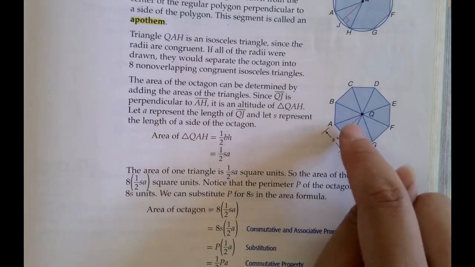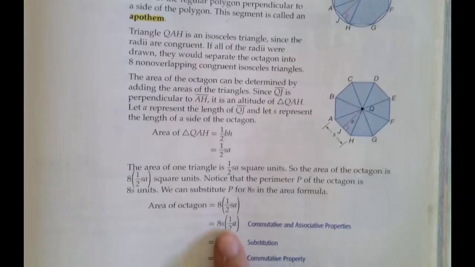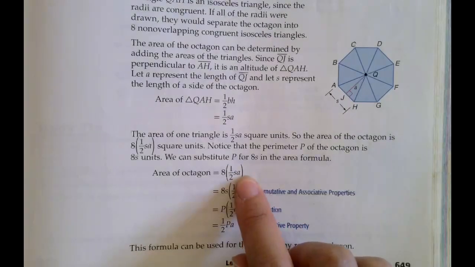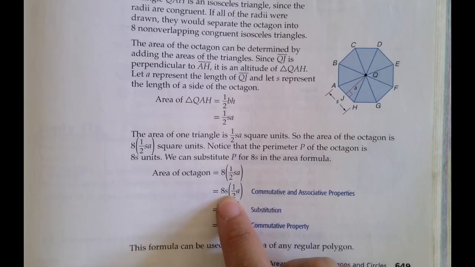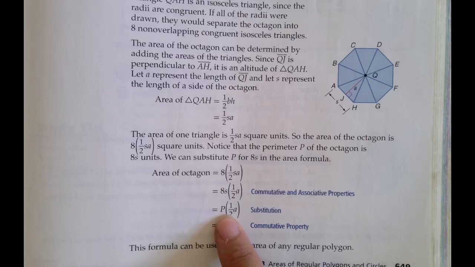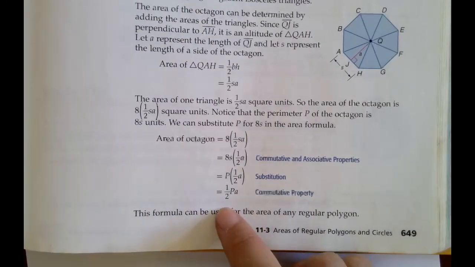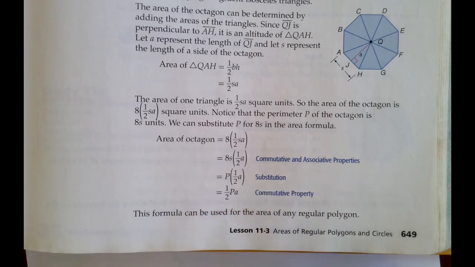Since this is an octagon, we have 8 of these small triangles, so it's 8 of the 1/2 side times apothem. And 8 times the length of the side, that's the perimeter, P. So that's how we get the formula for a regular polygon: 1/2 perimeter times a.